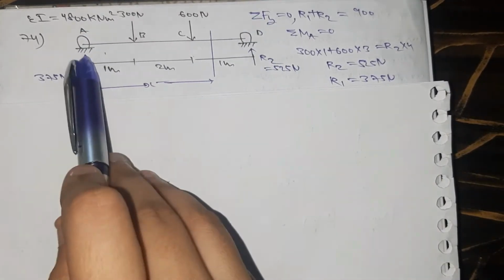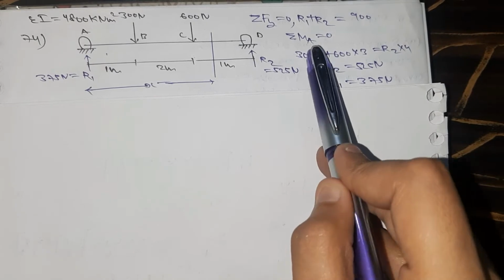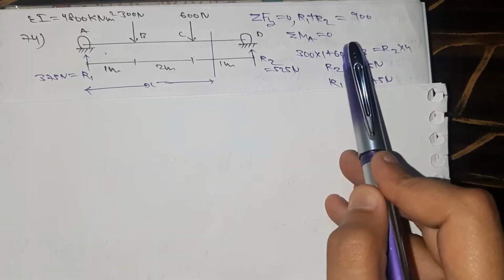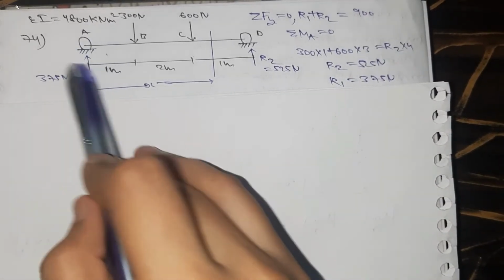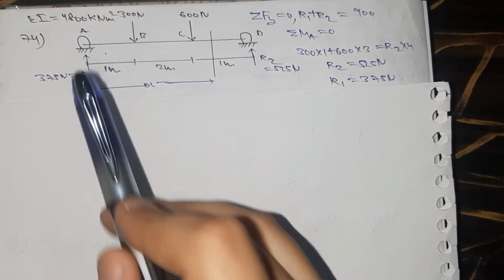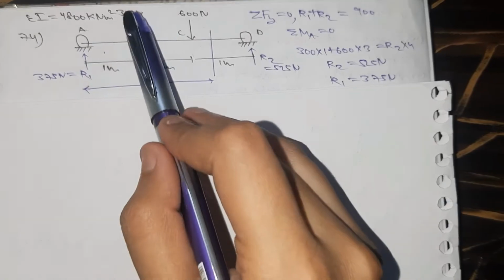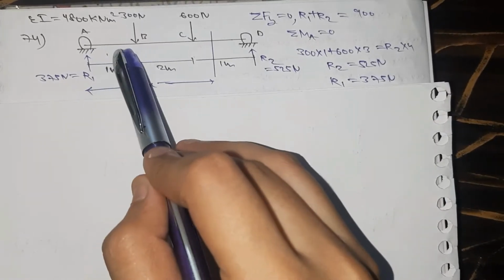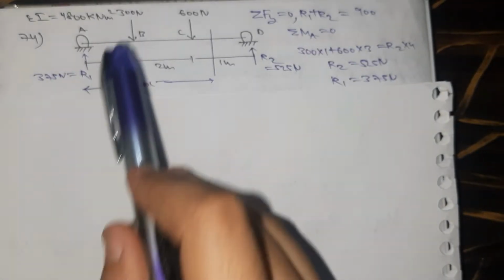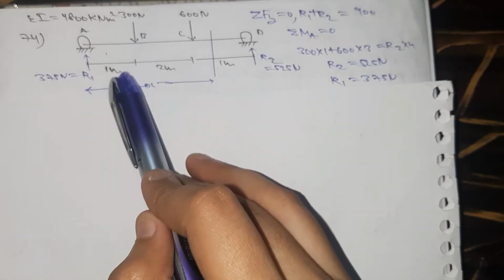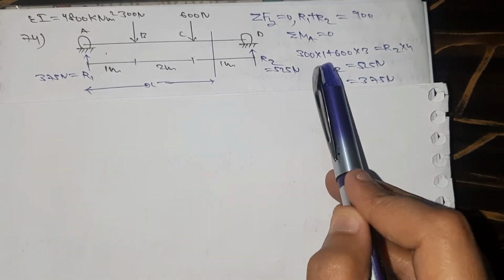As I have chosen the point A, the moment at A becomes 0. R1 doesn't produce any moment, as you already know. The 300 will produce a moment in the clockwise direction, 300 into 1, which I have already written down.